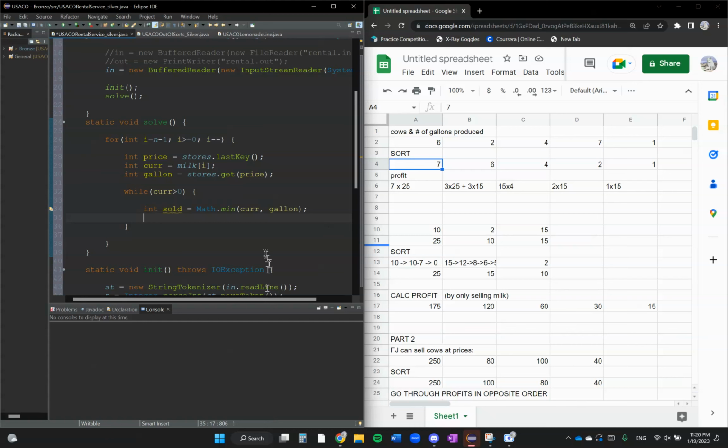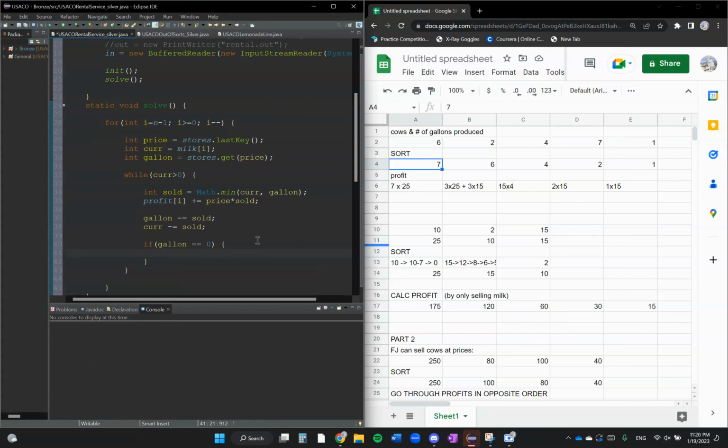So int sold equals Math.min(current, gallon), and profit of i plus equals price times sold. And so we're just updating the array here. Gallon minus equals sold, and current minus equals sold, because we added that to the profit, and now we've sold that milk. And so if gallon equals 0, which basically means that the store isn't willing to buy any more milk, then we have to remove that store from the tree map. Stores.remove(price).